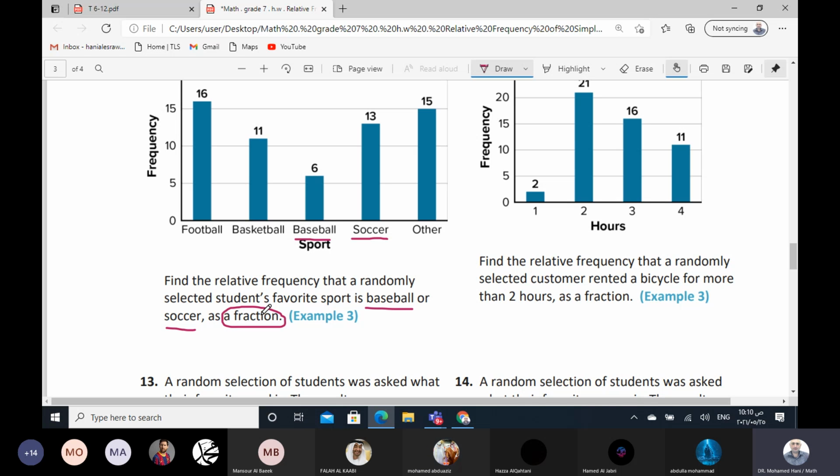Who has different answer? Mister, 0.6. What is your name? Hazza. Thank you, Hazza. Who has different answer?